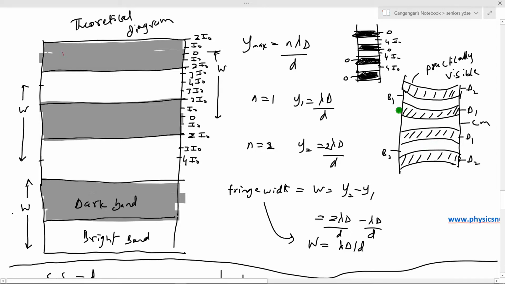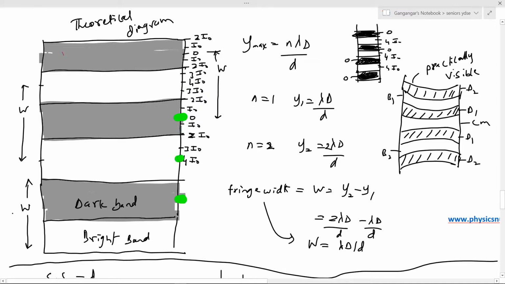Still the center of this will be 0. The center of the bright band will be 4 I naught. The center of the dark band will be 0. Again, the conditions are the same. Got the idea, no? So once again I'll put it: the intensity will be 4 I naught at the center of bright band. The intensity will be 0 at the center of dark band.